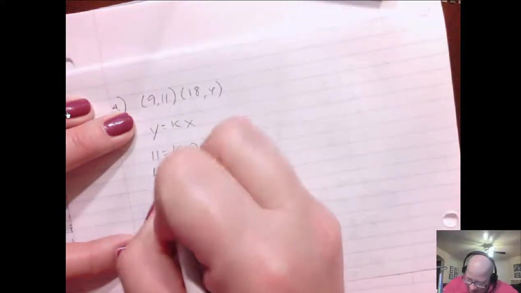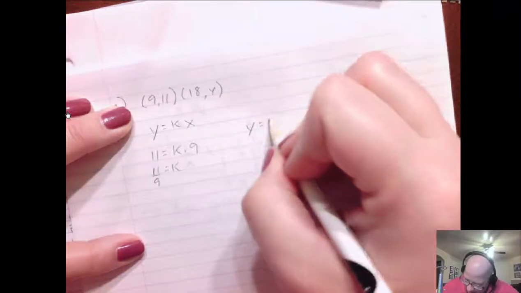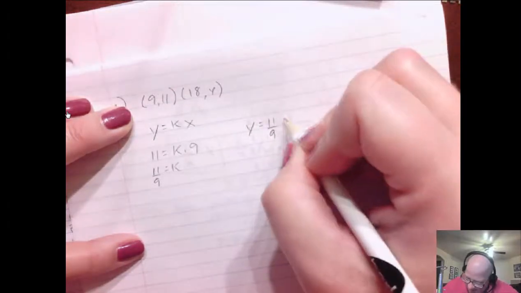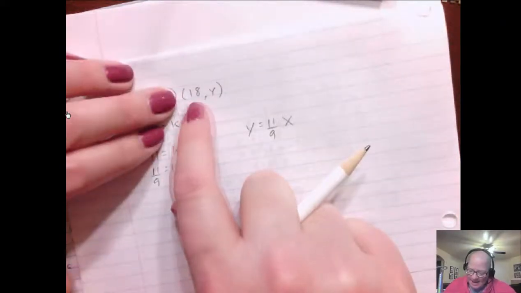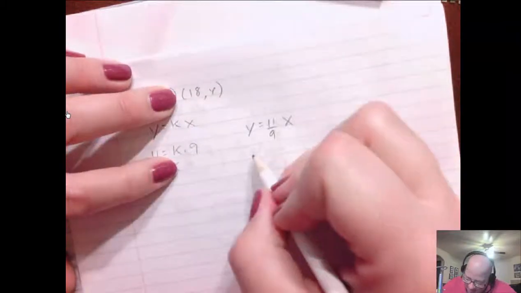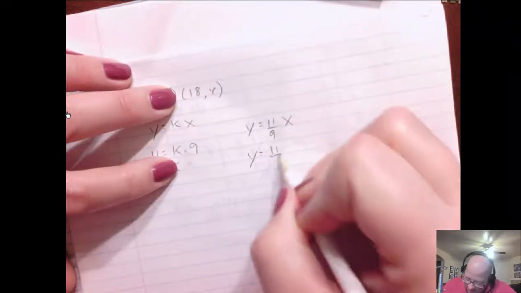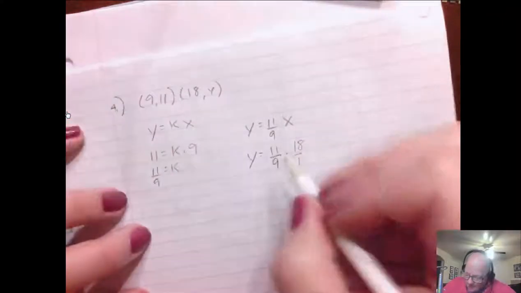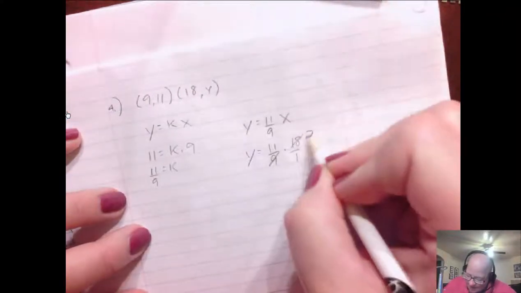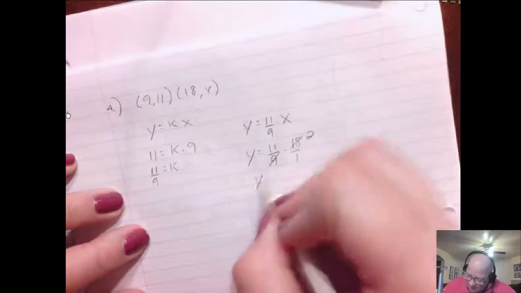Divide that over, and I'm going to get 11 ninths is k. And then I take k, so I know my formula now is y equals 11 ninths x, right? Rewrite your formula. And then put in the number that we're looking for. Well, x is 18, so we put in that number. So we have our 11 ninths times 18, think of that as 18 over 1. 9's going to go into 18 twice. 2 times 11 is 22.